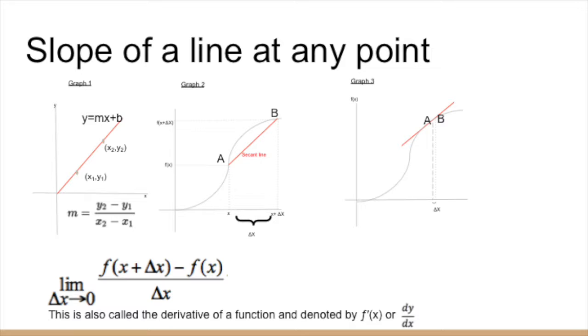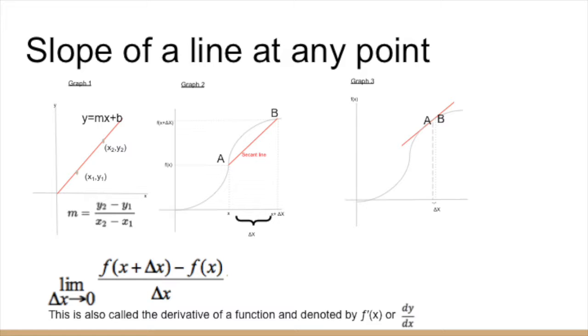But say, if A and B become really close to each other, as you can see in graph 3, and if you use these 2 points to calculate the slope, you will get a better approximation of the slope. And this also means that we want delta x to be very close to 0.